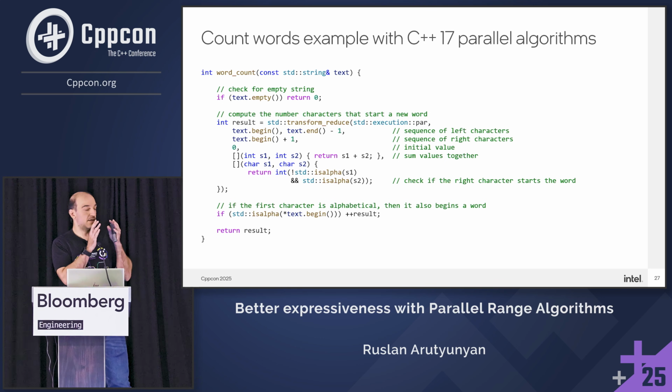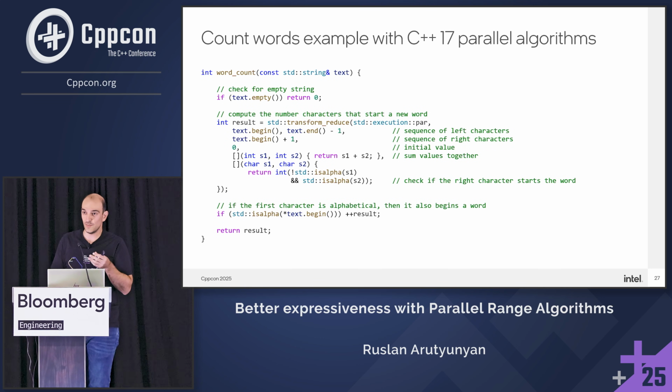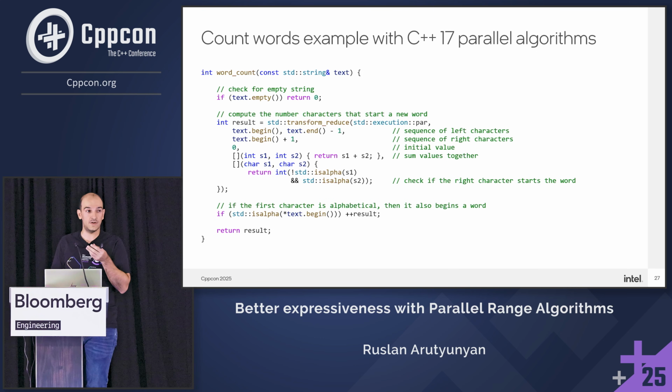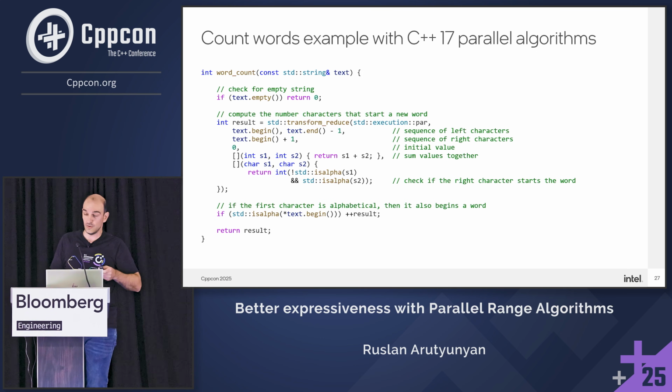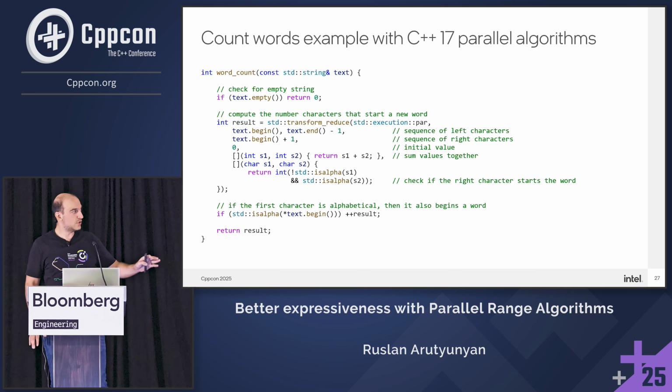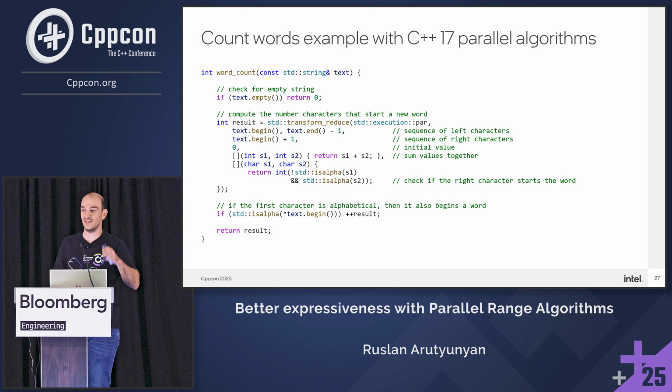And now we're going to compare. We need to do transform reduce because I think we don't have anything better in C++17 without parallel range algorithms. So we're going to do transform and reduce. The funniest thing is that transform reduce takes the reduce function first and the transform function second.